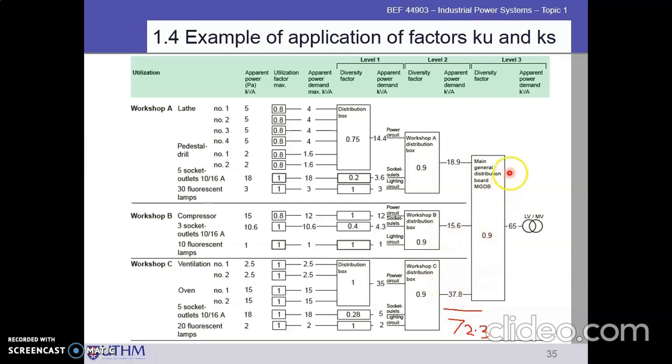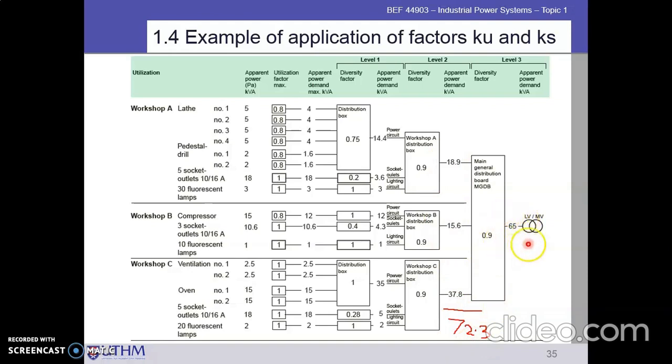Then for level 3, this level is the main general distribution board. This one is connected to the TNB side. That's why the diversity factor is also 0.9, but we have to multiply with the total connected load for workshop A, B, and C. The total load here is 72.3, so we times 0.9 and we get 65.